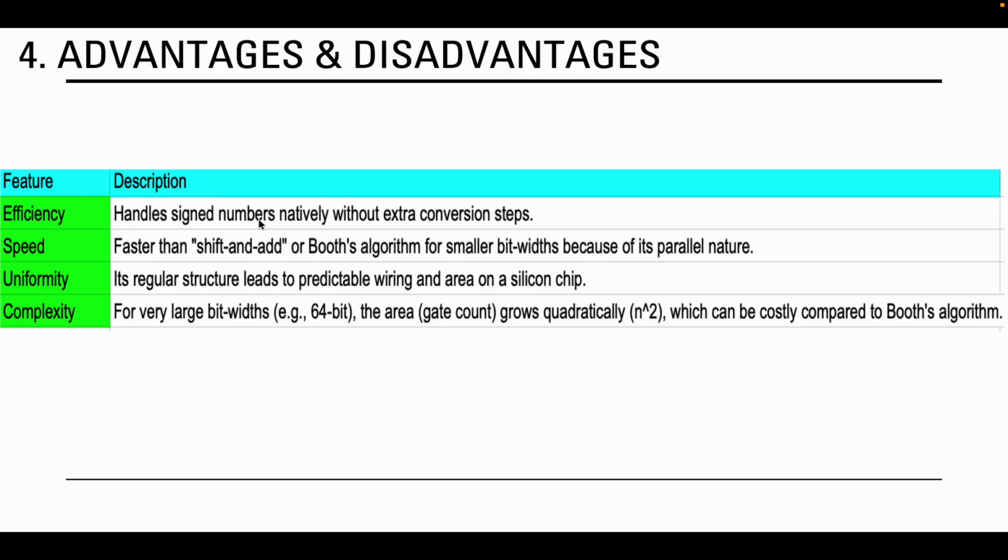Efficiency: it handles signed numbers natively without extra conversion steps. Speed: it is faster than shift and add or Booth's algorithm for smaller bit widths because of its parallel nature. Compared to our previous lecture where we discussed combinational multipliers, this is much faster and it can also handle signed numbers.